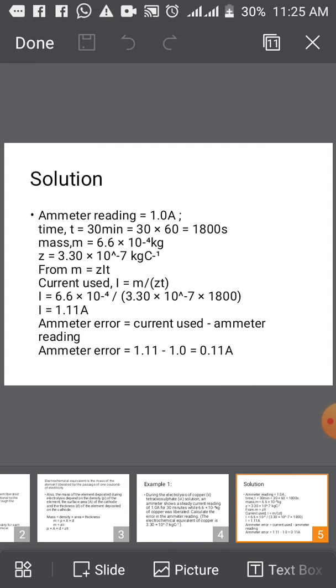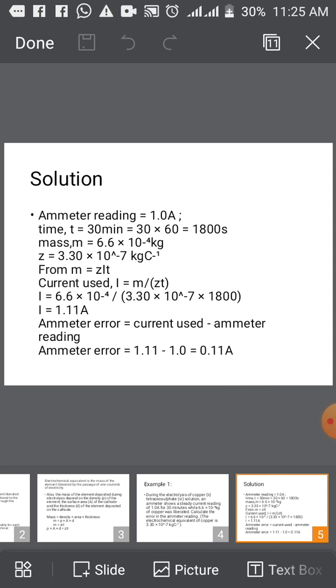Solution. Ammeter reading is equal to 1.0 ampere. Time T is equal to 30 minutes. Multiplying it by 60 seconds to convert the minutes to seconds, we have 1,800 seconds. Mass m is equal to 6.6 times 10 raised to the power minus 4 kg.